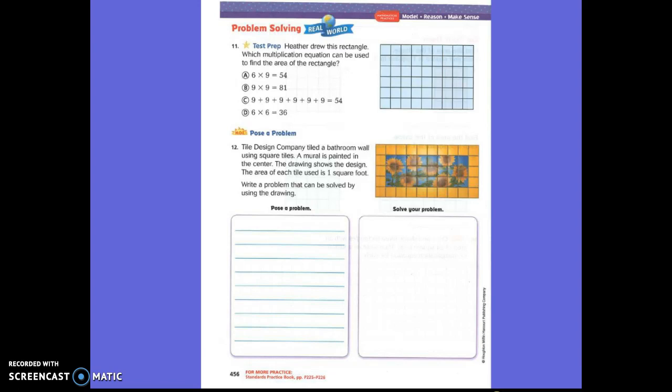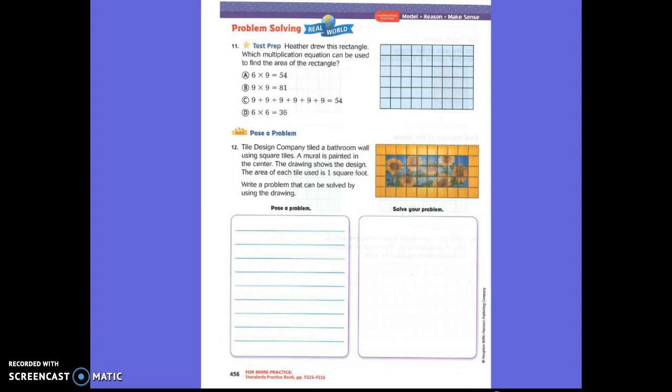And then you have to solve your problem. Show your work on how you solved it. Now, writing a problem, boys and girls, does not mean to just write 3 times 5 equals 15.